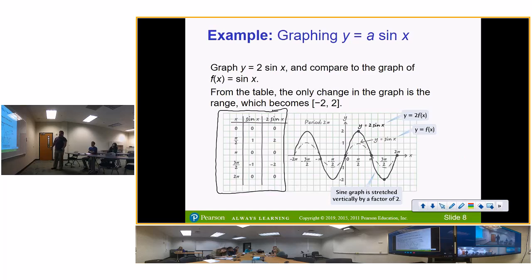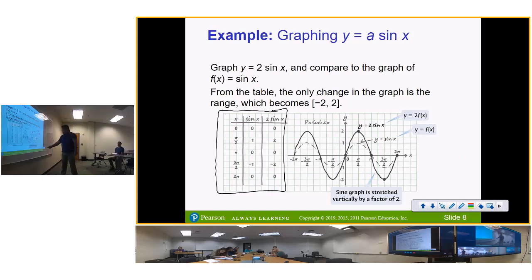Take the sine of x, take 2 cosine of x. The sine of pi over 2, we already talked about that. What's the sine of pi over 2? 1. 1 times 2 is what? 2. Basically, that 2 is the multiplier, which is a. Remember me telling you that this is a?